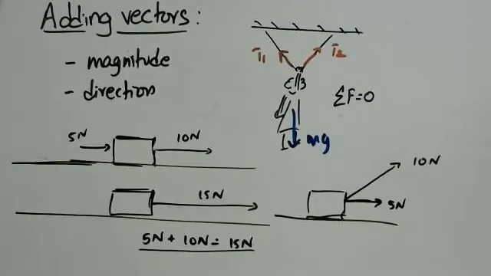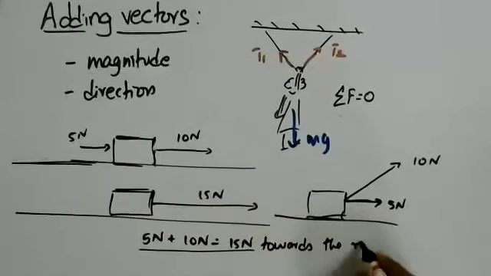So the direction does not need to be specifically stated, but we can say that the sum of these two forces will be 15 newtons, and if you like, you can add the statement towards the right. That gives you the entire picture of what the resultant vector is.